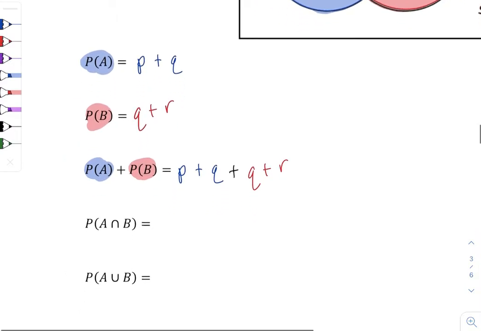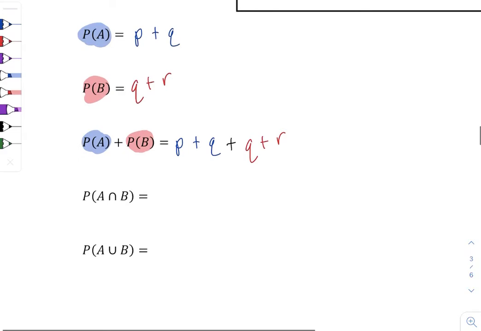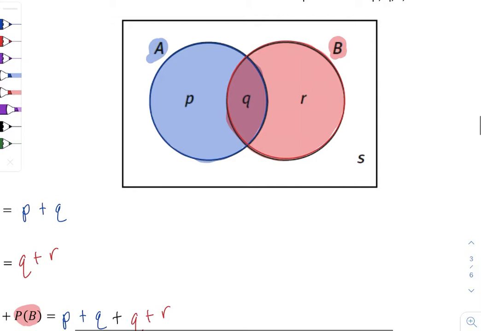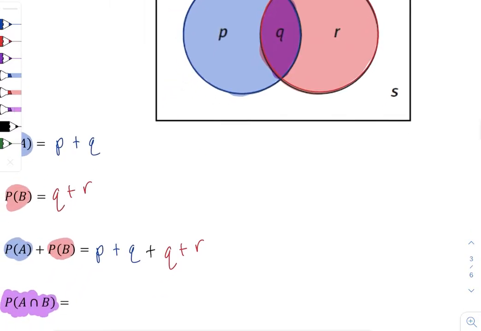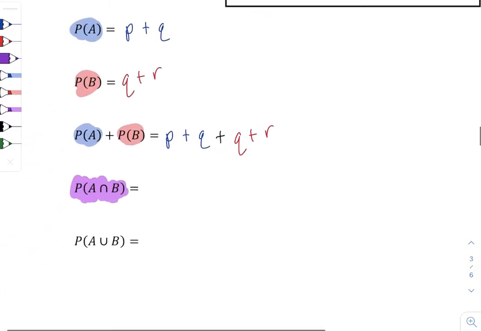Now, if I want the probability of A intersect B, that's this middle purple portion. I want the overlap of these two circles, where both are happening at the same time. In this case, that would just be Q.